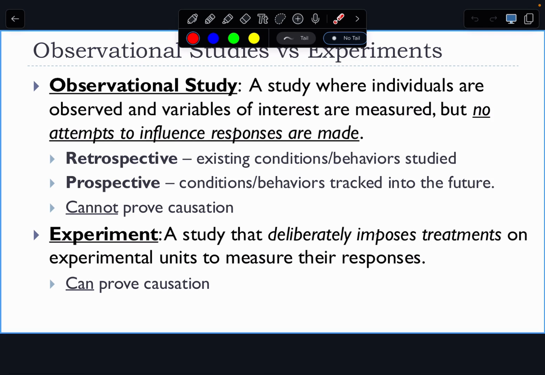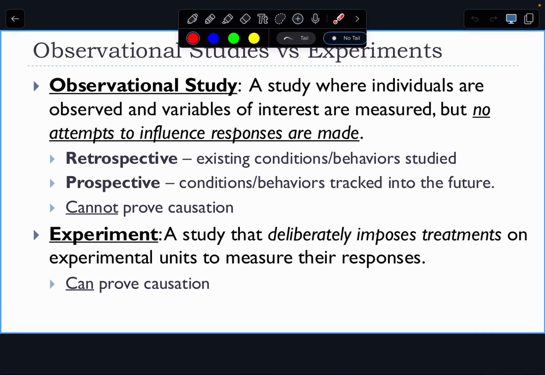We'll talk a lot more about this later in the unit, but for right now, I can generalize my observational study findings to a larger population, but I cannot imply cause and effect from what I've gathered. The way we run those observational studies does not allow us to have that cause and effect relationship. So that's going to be important for your homework today.